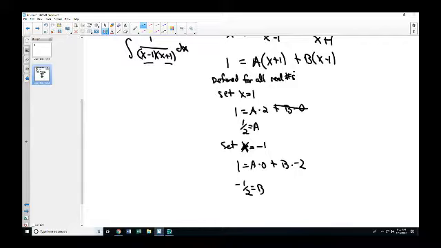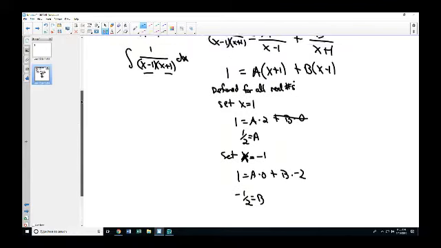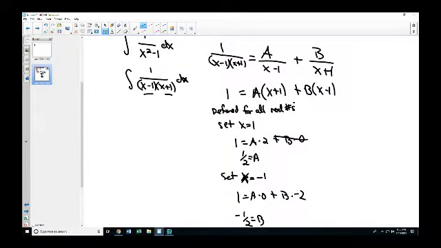Now you just need to set the problem up and do the calculus. Okay, so we have this integral equals these separate. So we have the integral of A, 1/2 over x minus 1, plus B over x plus 1. Those two are equivalent statements.